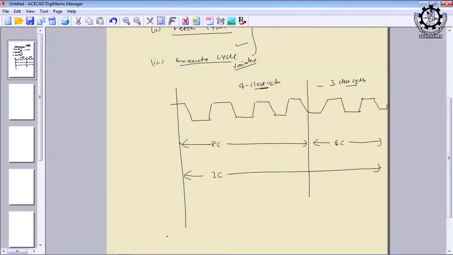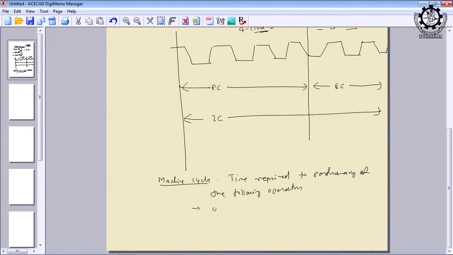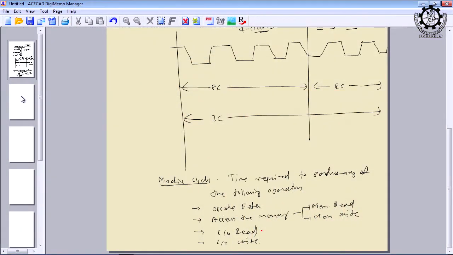Okay. Then in the machines, there is also another term we use for the instruction timing diagram, we call it machine cycle. If you perform any one operation out of these 4 operations, whatever the time taken is called the machine cycle, right. One is the opcode fetch phase: for every instruction there is an opcode, and if you fetch an opcode it will take some time, so that is also a machine cycle.